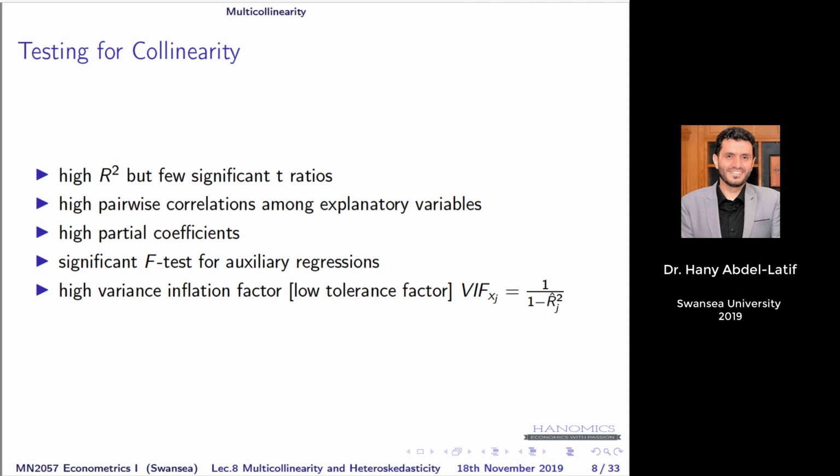In that sense, you actually run a regression of that x, let's say xj, against an intercept and the other regressors in the model, so the other x's, and then you obtain r square, and you calculate this 1 over 1 minus r squared, and that will give you what's called the variance inflation factor. There's no really universal agreement on how much that should be. Some people say if your variance inflation factor is greater than 10, that means definitely this variable is causing a problem, or is causing multicollinearity.